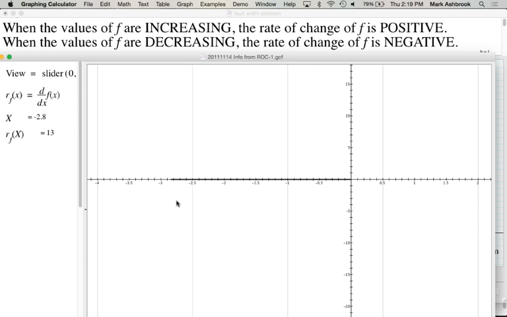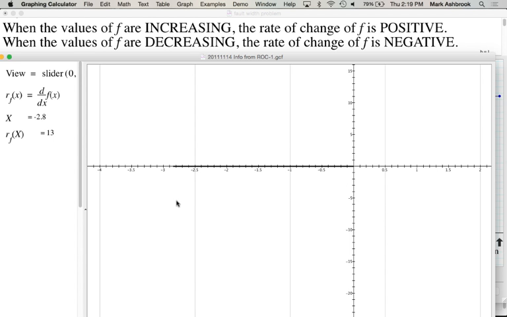So we're going to look at this in sections of x values. We're going to start with from -4 to -2.5, and we don't know what the function is. We don't know what the original function is, but I'm going to show you the values of rate of change as x increases.